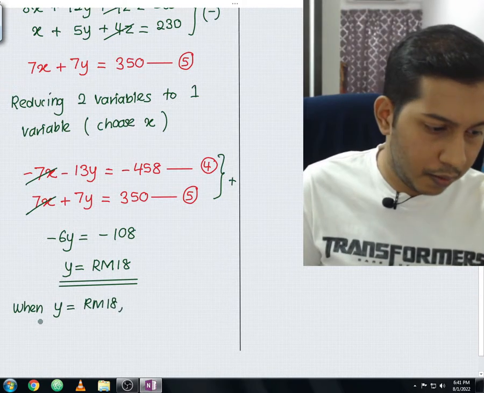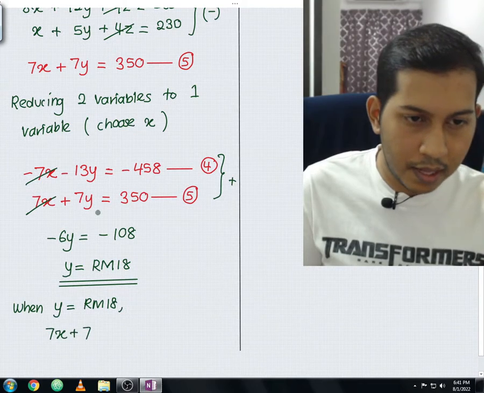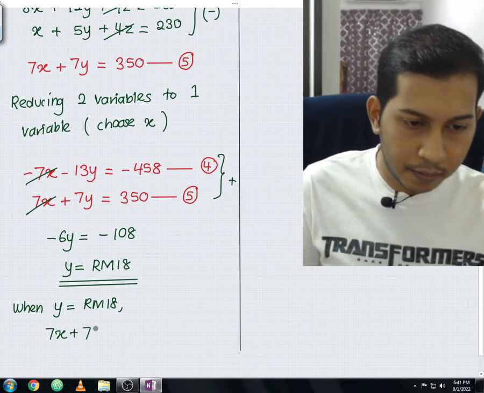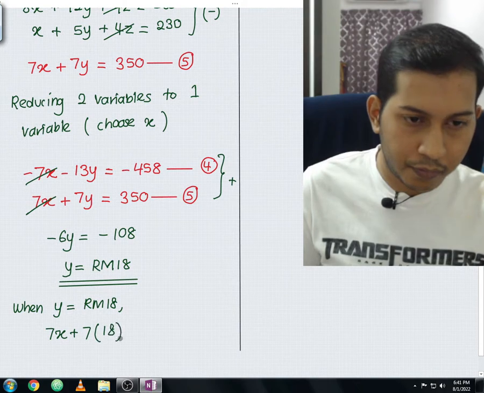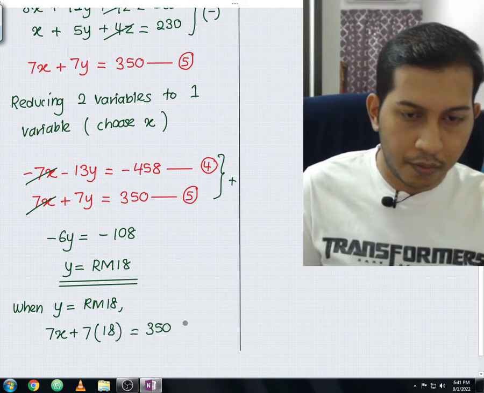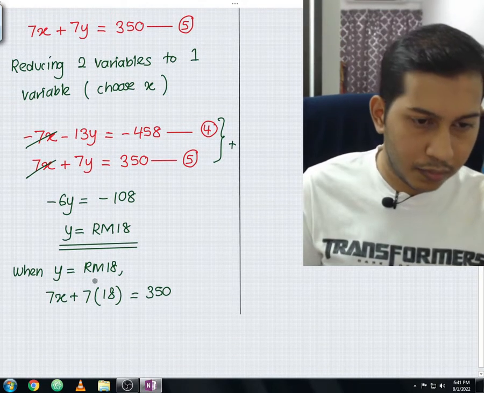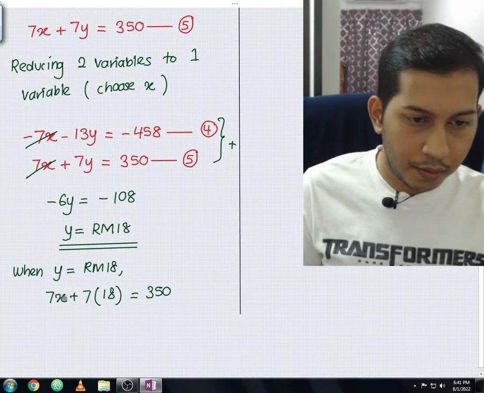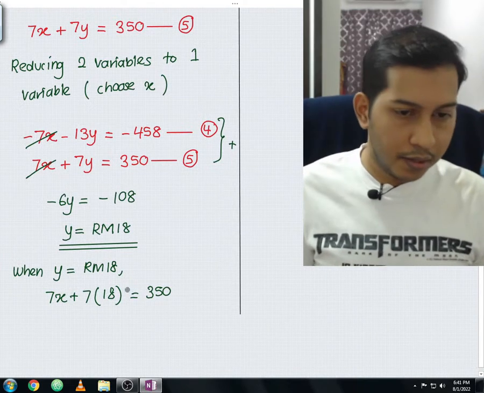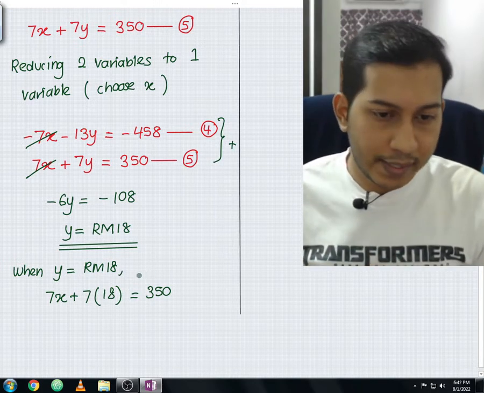so from here 7x plus 7, this y you substitute with 18, so from here you get equals to 350, okay. So 7x, okay, 18 times 7, so this value you calculate and you move it to the right-hand side.